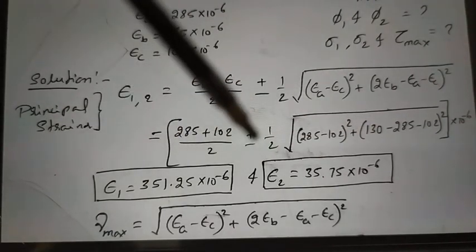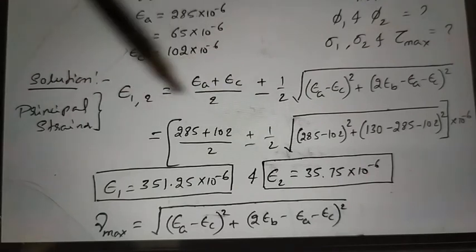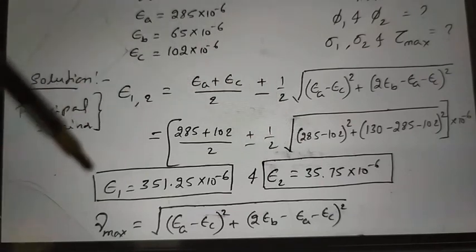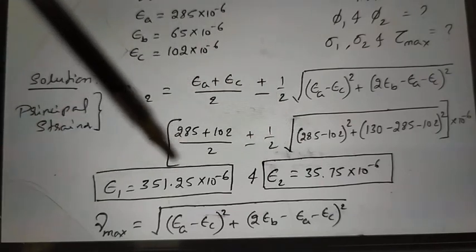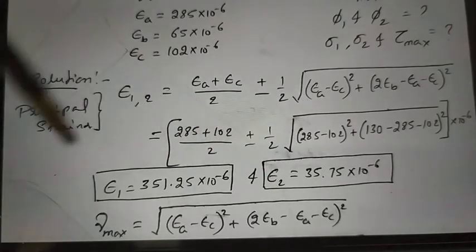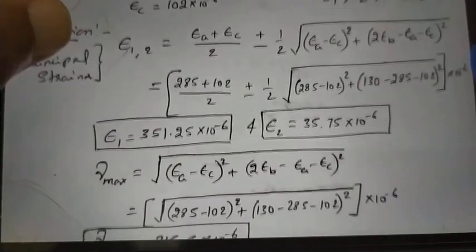If you want epsilon 1, you have to add those two terms. If you want epsilon 2, you have to subtract these two terms. For epsilon 1 you get this value, and for epsilon 2 this value. So you got the principal strains.